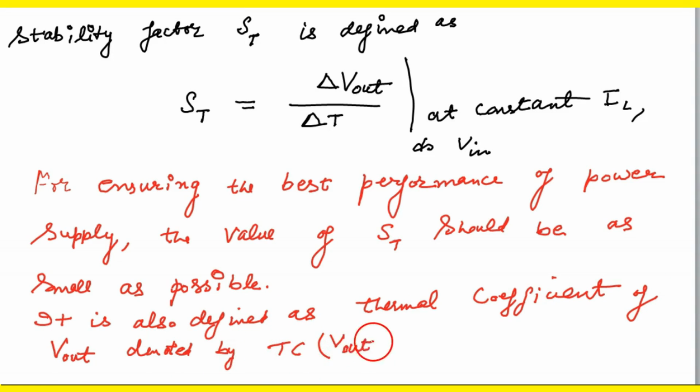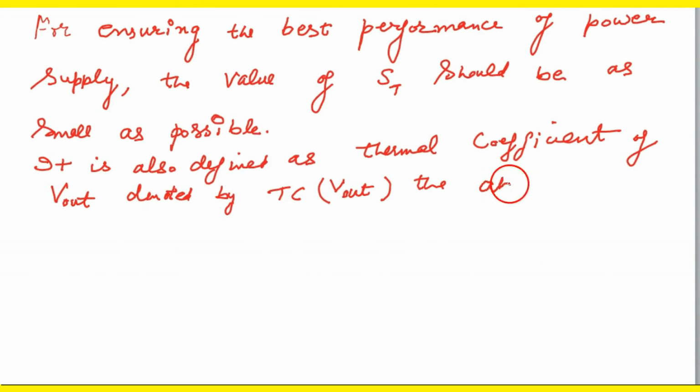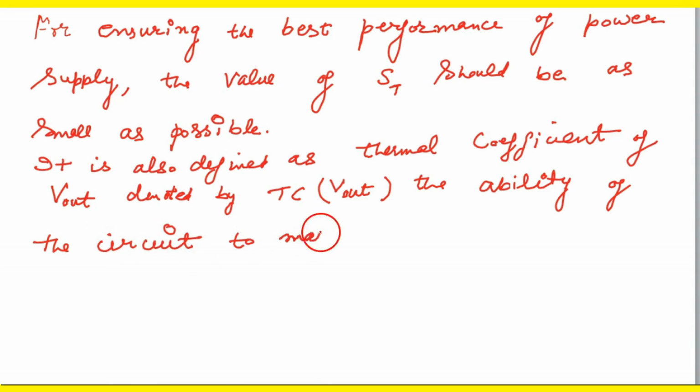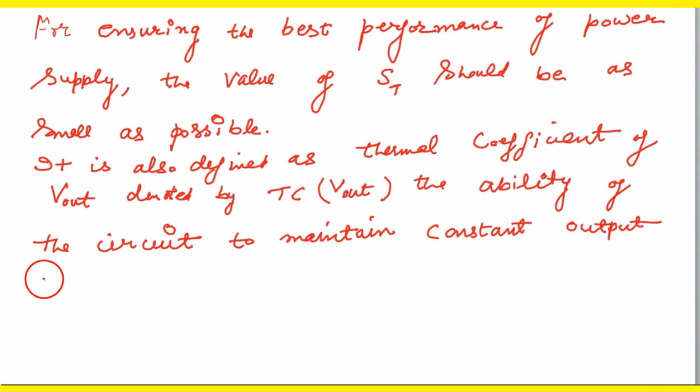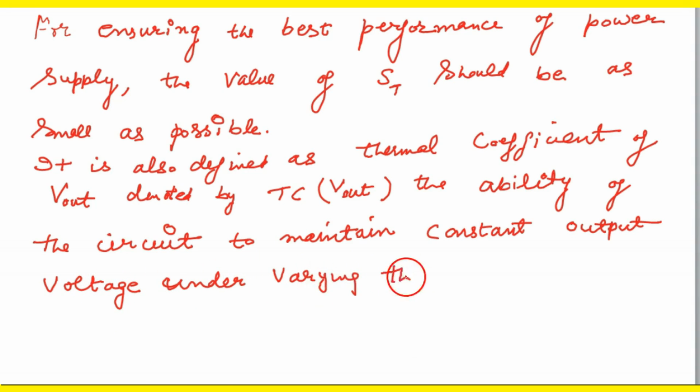It is also defined as the thermal coefficient of output voltage. It is the ability of the circuit to maintain a constant output voltage with the least effect of temperature.